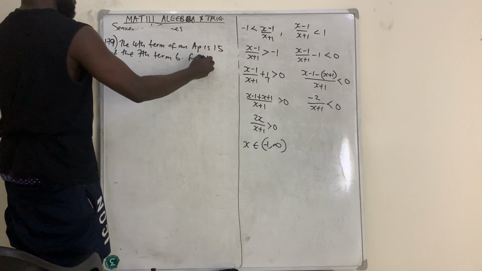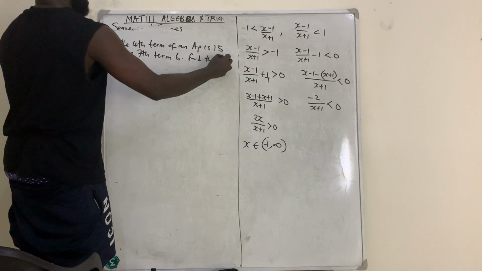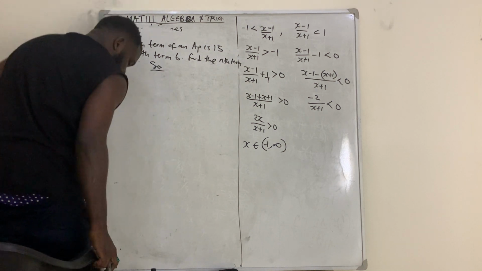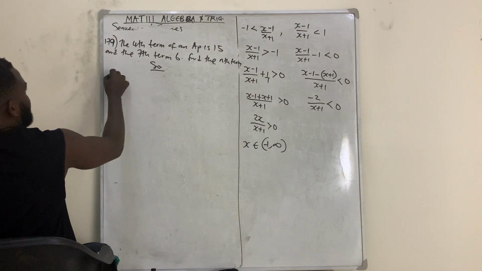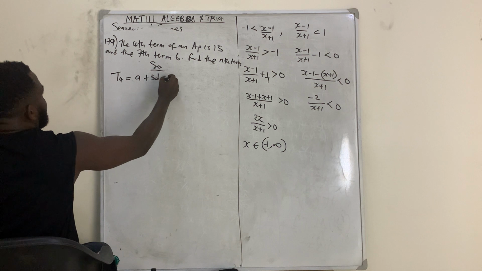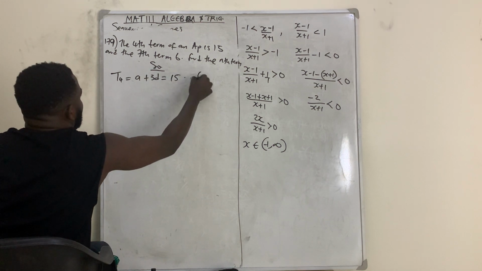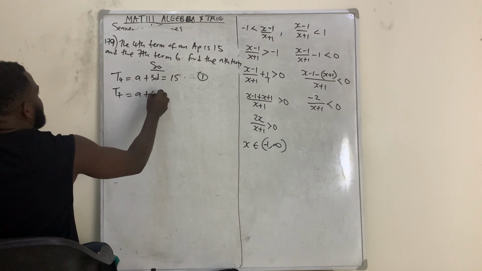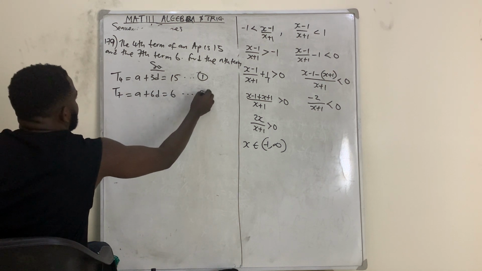Then it says find the nth term. Solution. Now, this is a very simple question. The first thing they gave us is T4. T4 formula is A plus 3D, which is equal to 15, equation 1. Then equation 2 is T7, which is A plus 6D, which is equal to 6, equation 2.